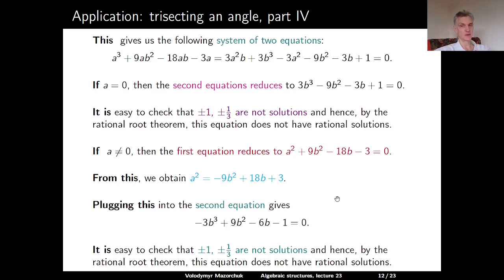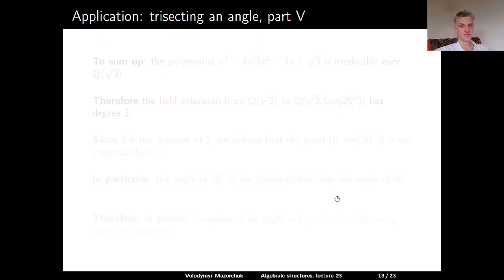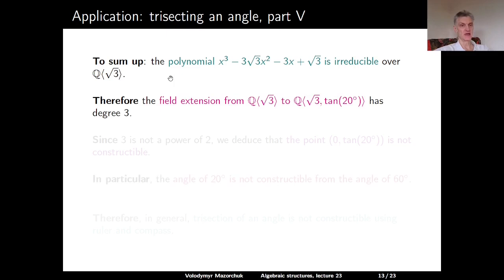So our system of equations is not solvable, and this means that our polynomial x cubed minus 3 square root of 3 x squared minus 3x plus the square root of 3 is irreducible over Q with the square root of 3 added. Therefore, the field extension from our starting field Q with the square root of 3 to Q with the square root of 3 and tangent of 20 degrees has degree 3, because we adjoin a root of an irreducible polynomial of degree 3.